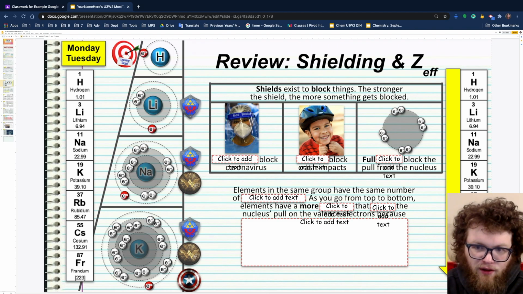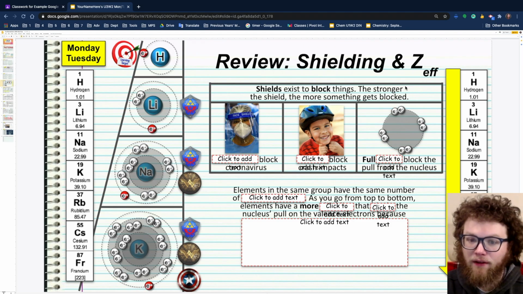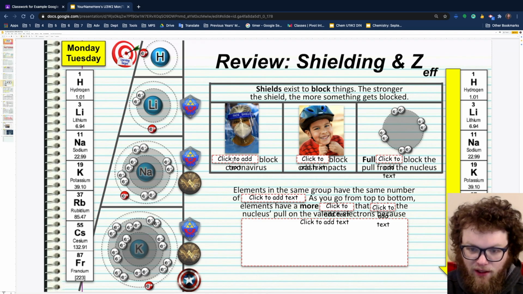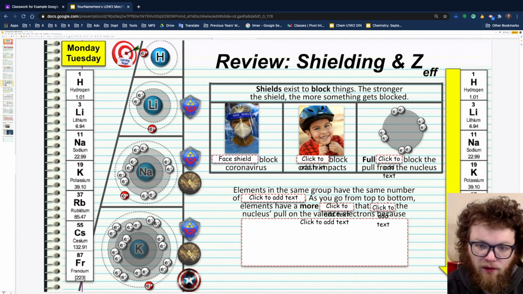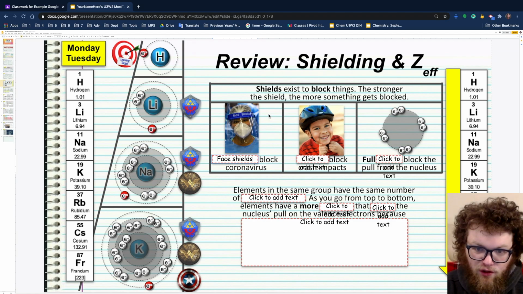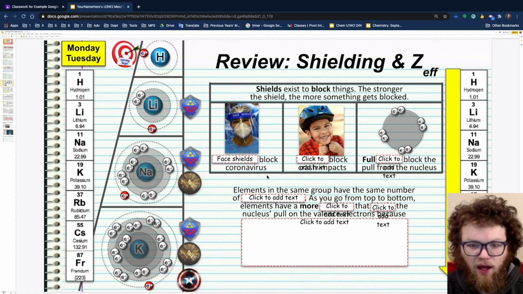Okay, let's move on to some review of shielding and effective nuclear force. Shields exist to block things. The stronger the shield, the more something gets blocked. So face shields block the coronavirus. People working in healthcare and some other professions have these face shields.